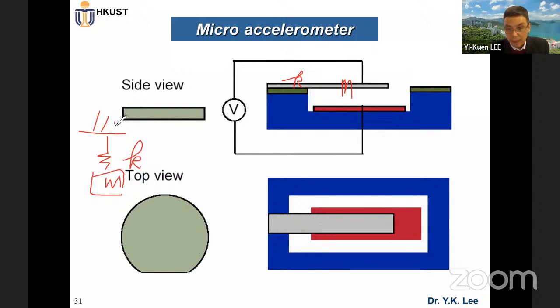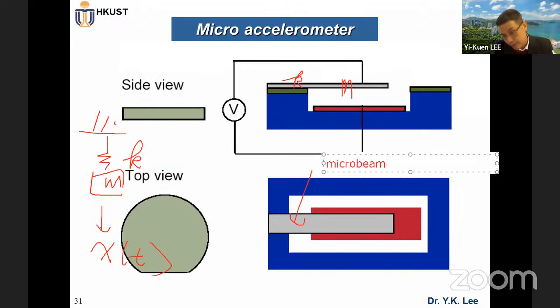Okay, this is the micro mass, and once you move your smartphone around, what happens? It causes vibration of this micro mass-spring system as a function of time. If you have a good design, this vibration changes, causing deformation of the spring. This is a micro spring, a micro beam, I would say.